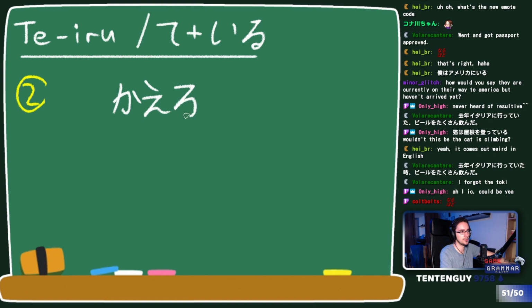So kaeru, to go home, kaeteiru can mean that someone is going home right now, or it can mean that someone is home, if you know what I mean. Ie ni kaeteiru can mean that someone has left and is currently at home because they have finished the action of actually going home. But it can also sometimes mean that they are currently in the middle of going home.